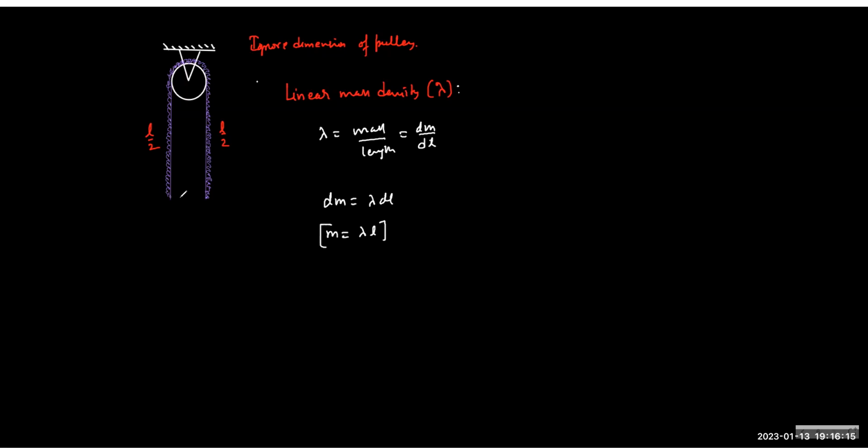So now initially there is equal length on both sides. So what is the acceleration now? Right now the acceleration is 0, isn't it? Yes. So what will happen if I pull slightly down? Let's say this side is pulled down by x.